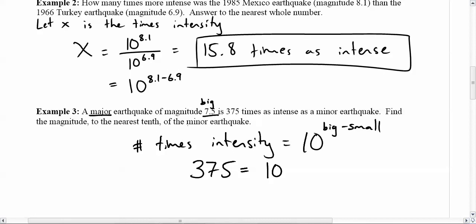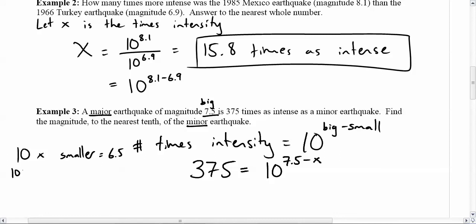I'm trying to find the minor earthquake. So 7.5 is big, and I'm trying to find the minor earthquake. It's always good to take a guesstimate. I know an earthquake that is 10 times smaller would be 1 less, 6.5.